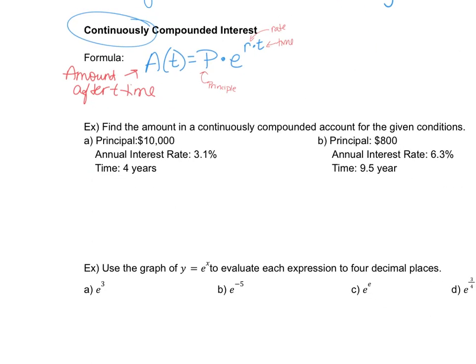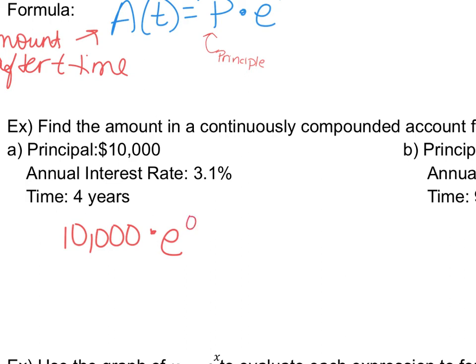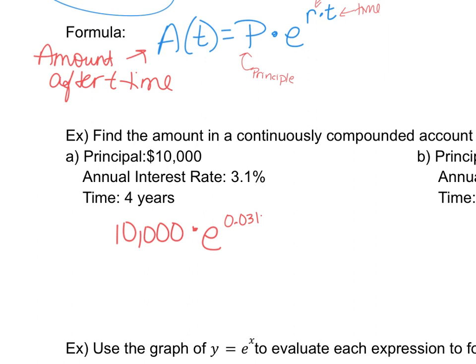So find the amount in a continuously compounded account for the given conditions. We're just going to plug all this into your formula. So P is 10,000 times e. It's on your calculator. If you need help, either Google it or ask me in class. e to the r, your rate is 3.1%, so this is 0.031 times 4.